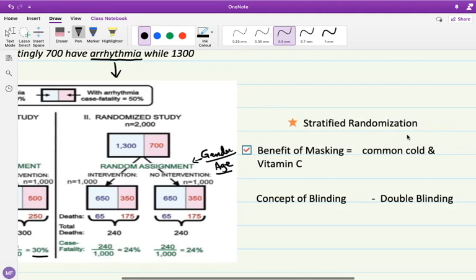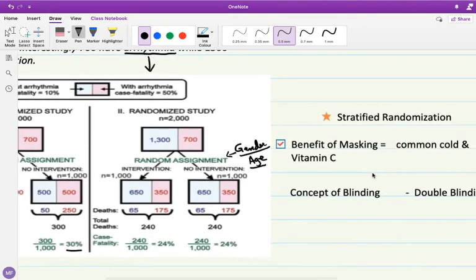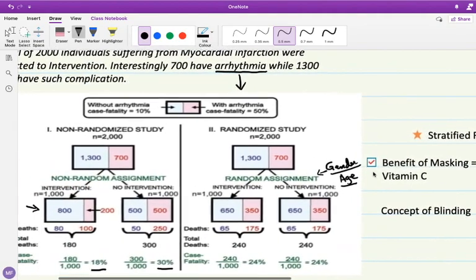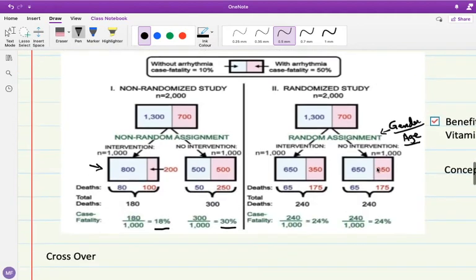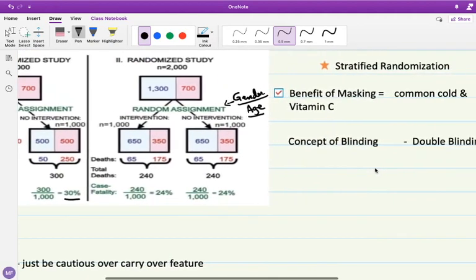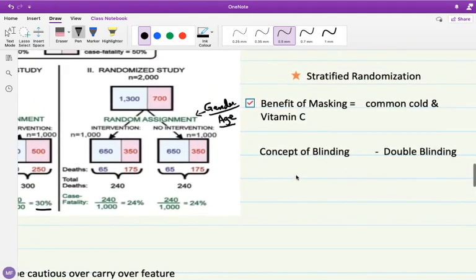And then it is essential on the part of an investigator not to know which one is going to get the drug of choice, because sometimes the benefit of masking helps in certain cases as well. So this is the concept of blind testing, and sometimes we do a double blind test.